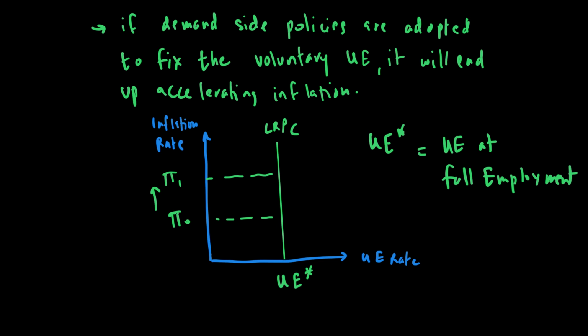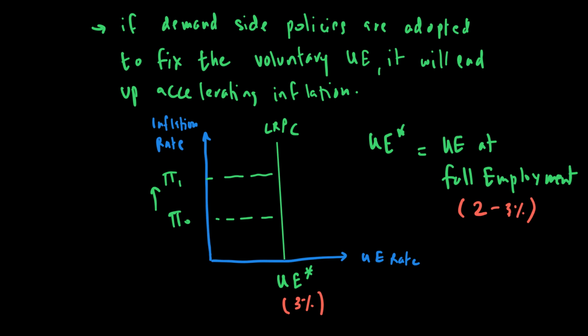But let's say if you look at full employment has some kind of unemployment which is roughly 2 to 3%, and that is basically happens at YF or unemployment UE star, let's write this to be 3%.